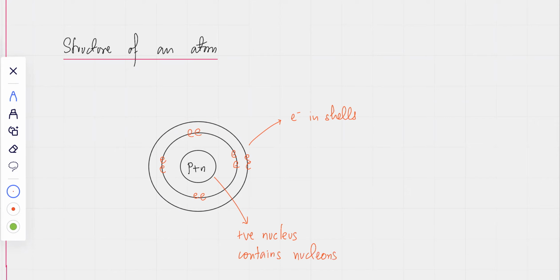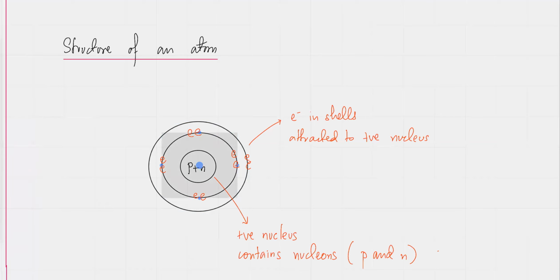A proton is a nucleon, and a neutron is a nucleon; a nucleon is anything that is in the nucleus. The center is obviously positively charged, because you've got protons in it, and neutrons have no charge. And the electrons in shells are attracted to the positive nucleus, and there is a force of attraction.